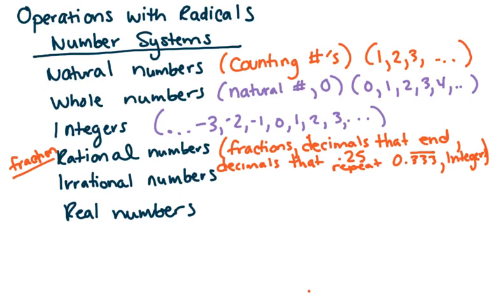For irrational numbers, irrational numbers are like the little oddball of the family. They're going to include decimals that do not end or repeat.